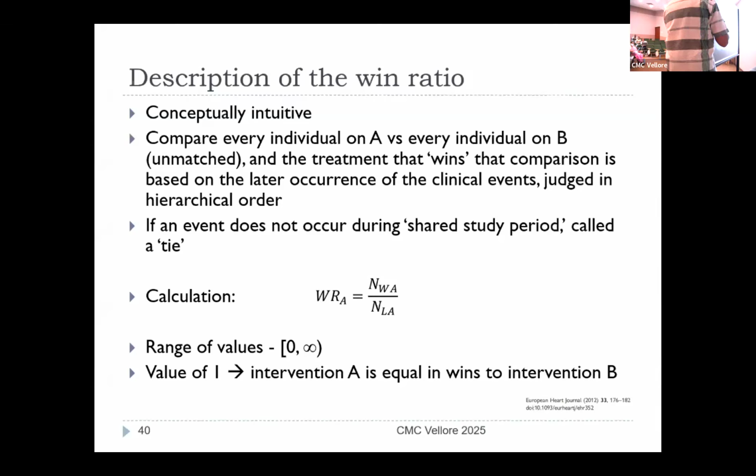This one, because he didn't get it and this one got it. And if it doesn't occur in either one, it's a tie. If it occurs in both, it's a tie. That's if it's a binary variable. But if it's a time to event outcome, then I have to see if it occurs in both, and in whom it occurred earlier. That's the one that loses if it's a bad outcome.